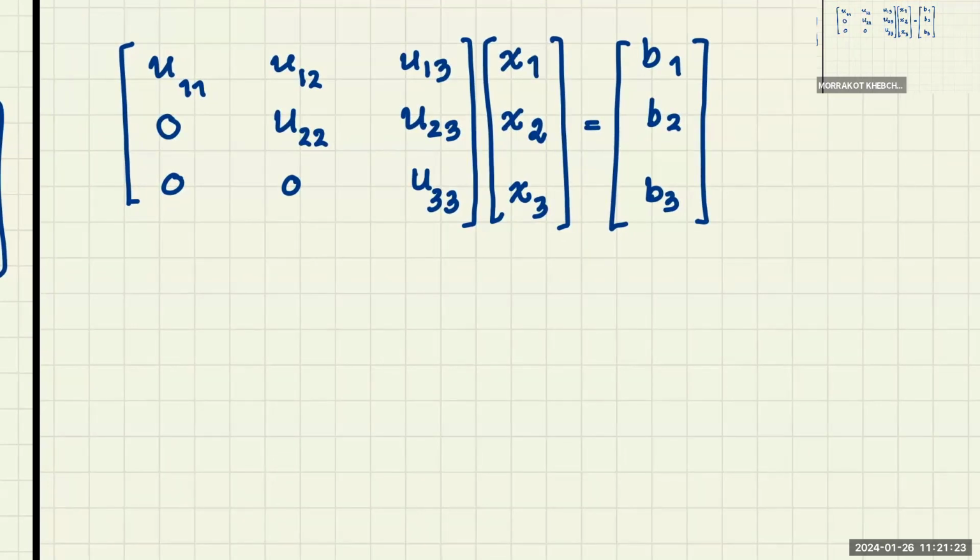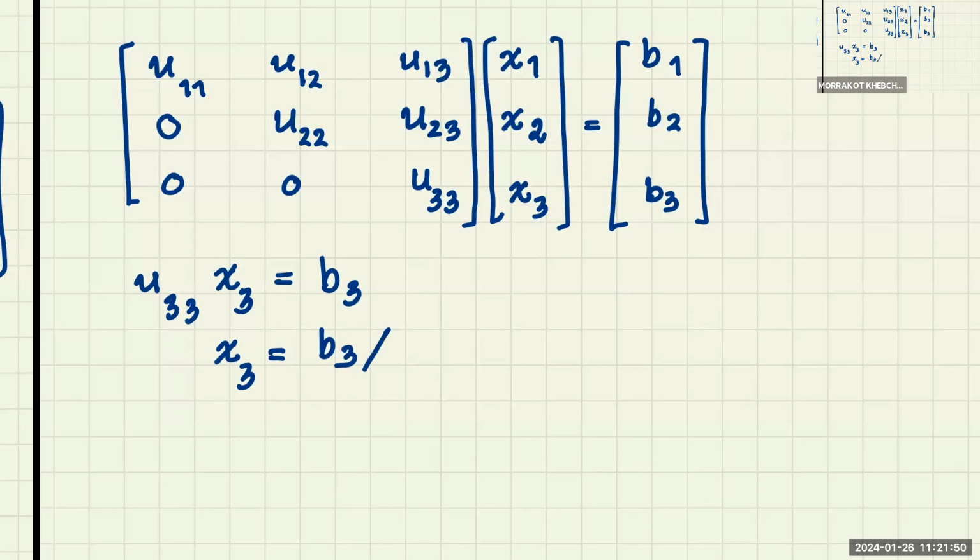From this system of equations in matrix form, just rewrite it in terms of equations. Let me write down the one on the bottom first, because we know u33 x3 equals b3. So at this stage, you will be able to find x3. x3 is b3 divided by u33. And then you're done.